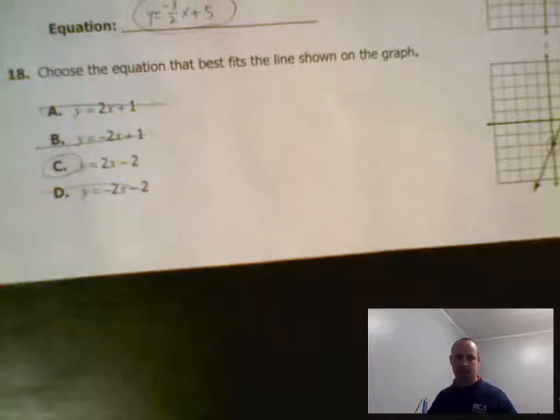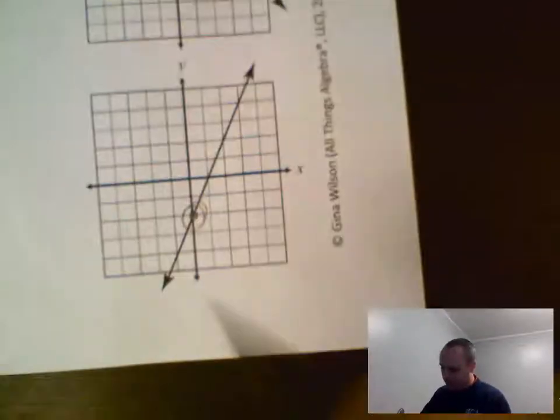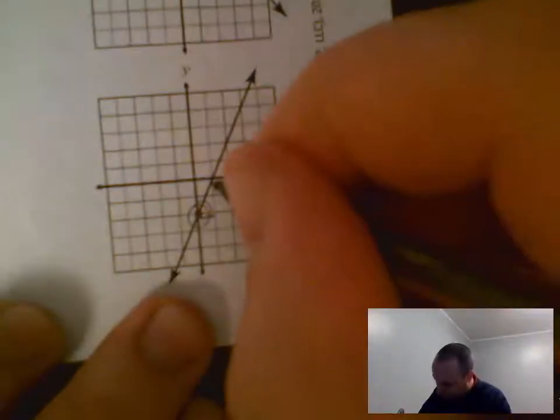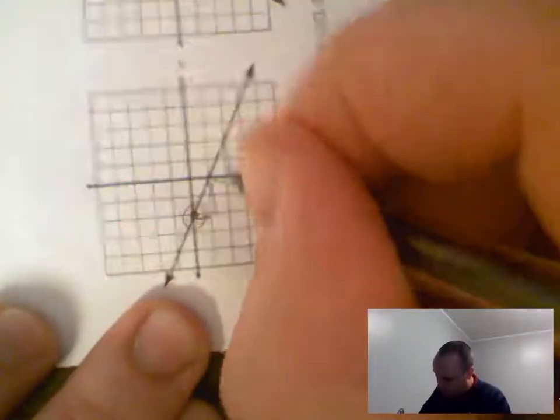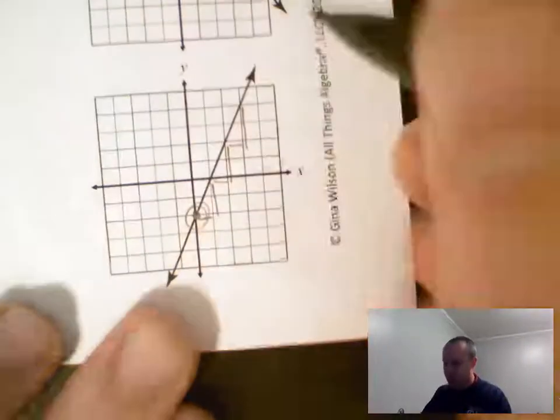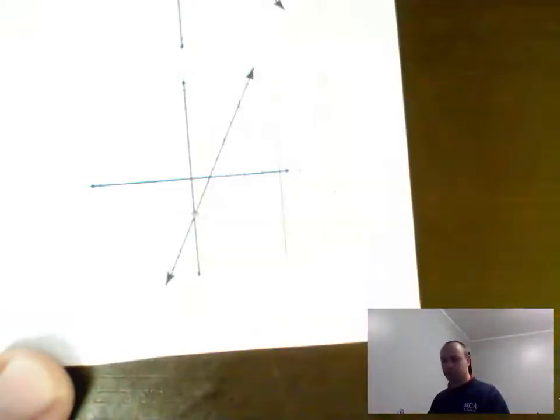Now, if you want to kind of show your work there, you can say, okay, every time I run 1, I rise 2. I run 1, I rise 2. I run 1, I rise 2. So your rise over your run is 2 over 1, not -2. Sorry, let me zoom out here.